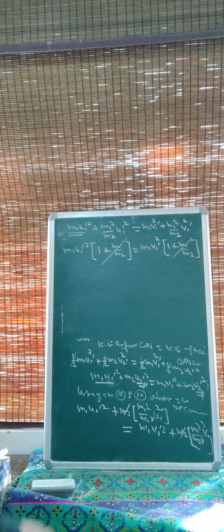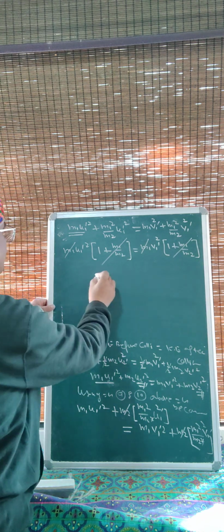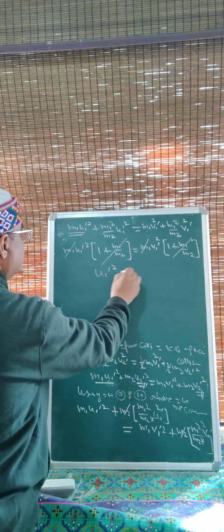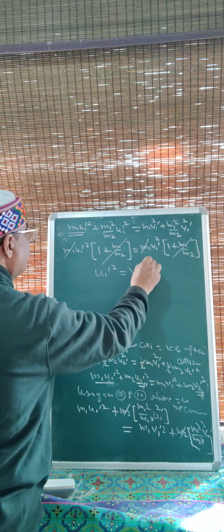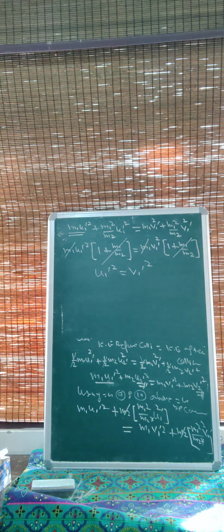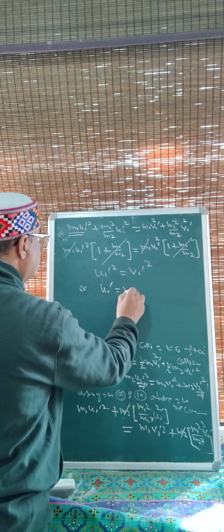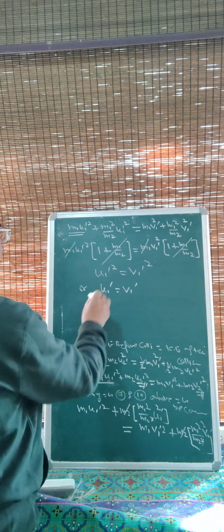This will cancel with this, m1 will also cancel, and we are left with u1 dash square is equal to v1 dash square, or if we take square root, u1 dash is equal to v1 dash.